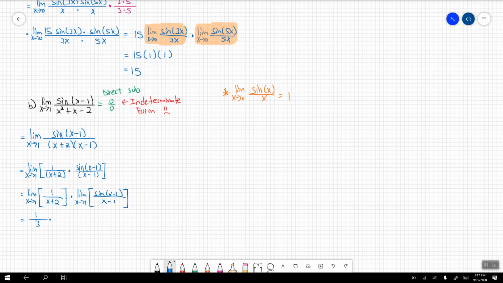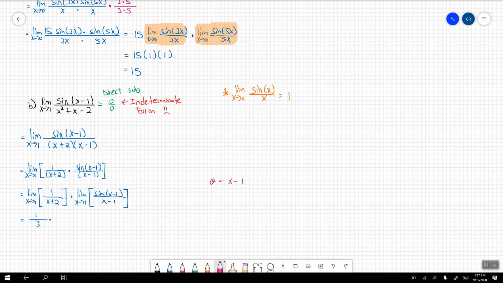Well, look at your limit on the top right hand portion for part B. We need to have the limit as x is approaching 0. Okay, well, that's going to be fine. But what I want you to see here is that if we make a substitution, let's say we had something along the lines of u, or you know what, let's call it theta. I like theta. Theta is equal to x minus 1.